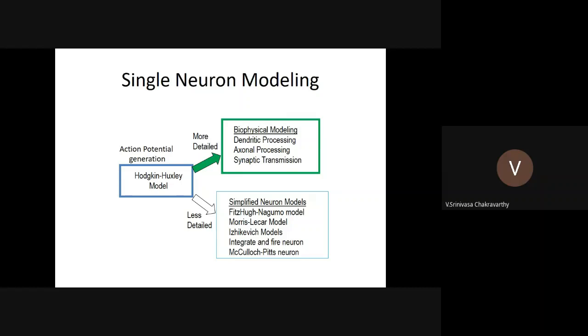One of the first such models, which was actually derived from the Hodgkin-Huxley model, was the FitzHugh-Nagumo model. So let us see how it works. This began with Hodgkin-Huxley, then went up to more detailed cases. Now we begin the step-down process to less detailed, simpler models.